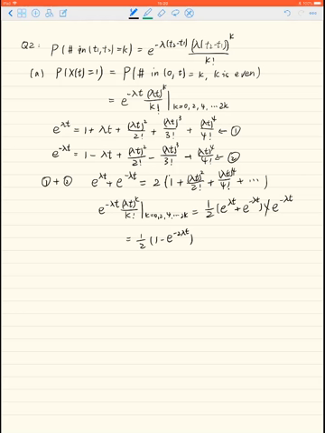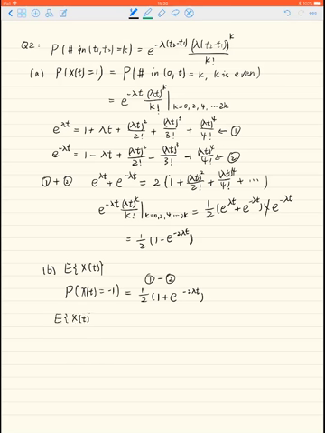Now we have to find the second question, that is, we should find the expectation of X(t). In order to find the expectation of X(t), we should firstly find the probability that X(t) equals minus 1. To find this answer, we can simply do equation 1 minus equation 2, and similarly the answer should be 1 divided by 2 times (1 plus e to the power of minus 2 lambda t).